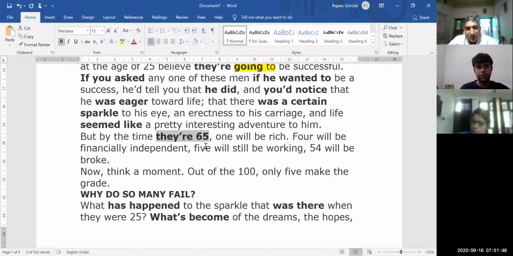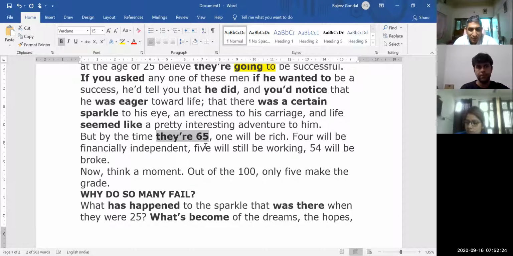So they have said "they are 65", but "they get 65", "they become 65" is better. By the time they reach 65 is better. By the time they are 65, one will be rich. This is about the future. By the time they are 65, one will be rich, because in the future this fellow will be 65 years old. Four will be financially independent. This is again in future tense. Five will still be working. Fifty-four will be broke, because we are talking about some future projections here, that this will happen to them.